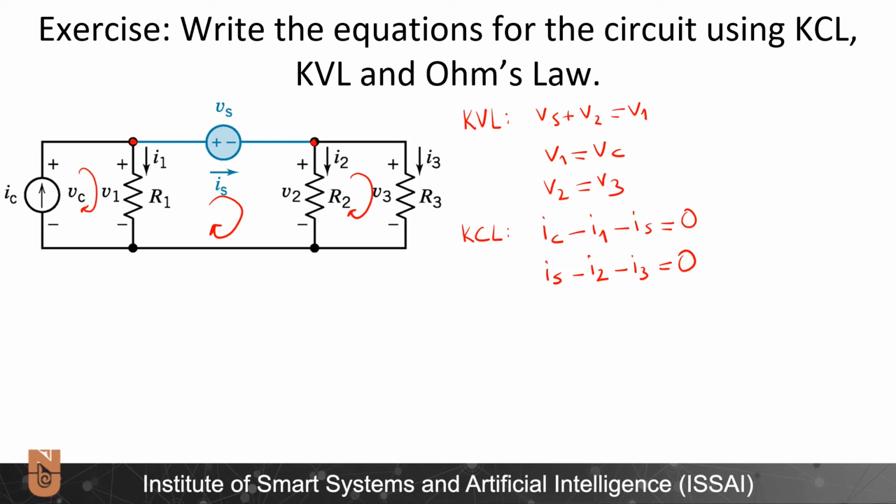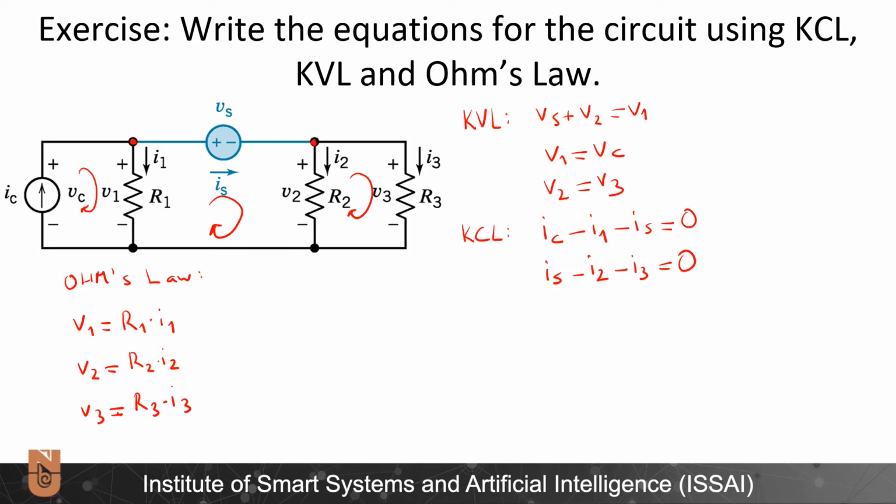Then I can also write Ohm's law. For instance, here I have V1 is equal to R1 times I1. I have V2 is equal to R2 times I2. And similarly, V3 is equal to R3 times I3.